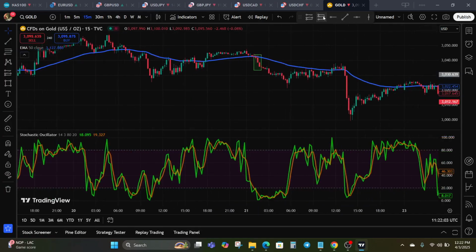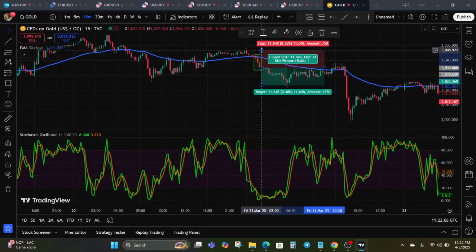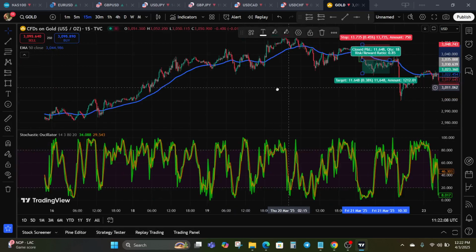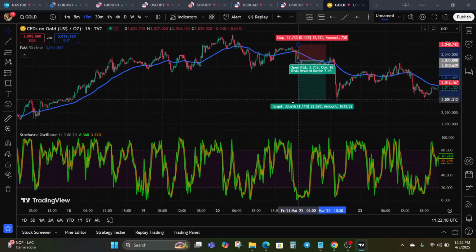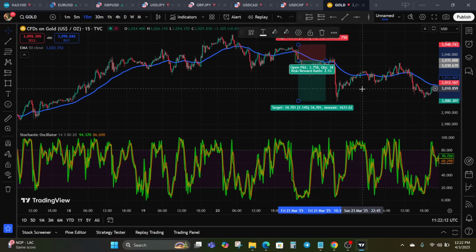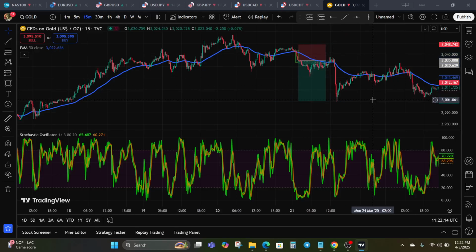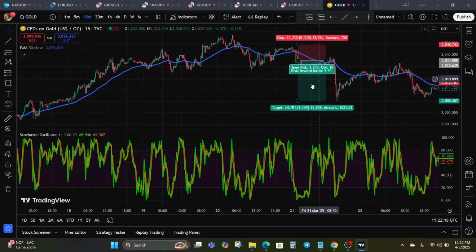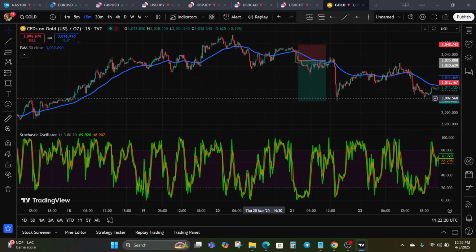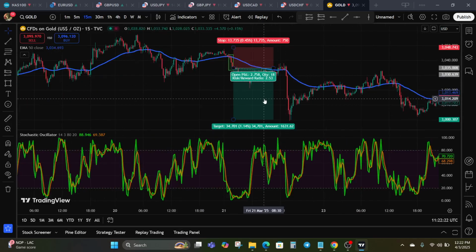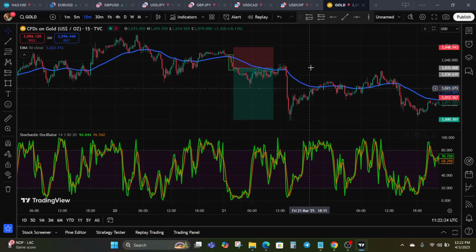So this was a good place to enter a sell, and then you can set your stop loss above the previous swing high, and you can target key support zones for your take profit. Or you can decide to exit your sell trade when the price gets into the oversold territory.